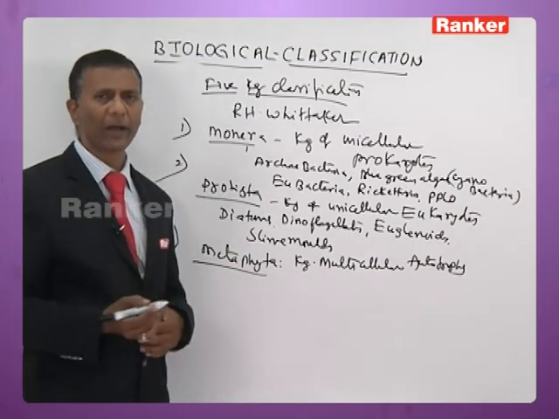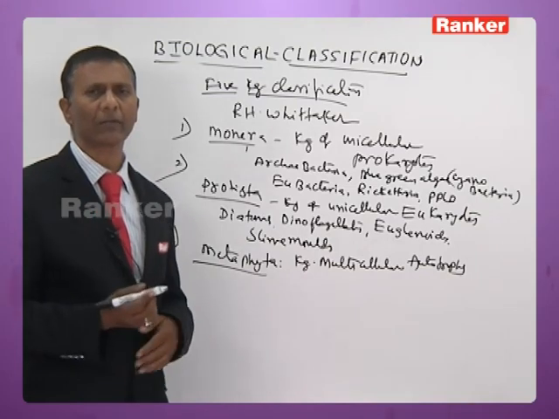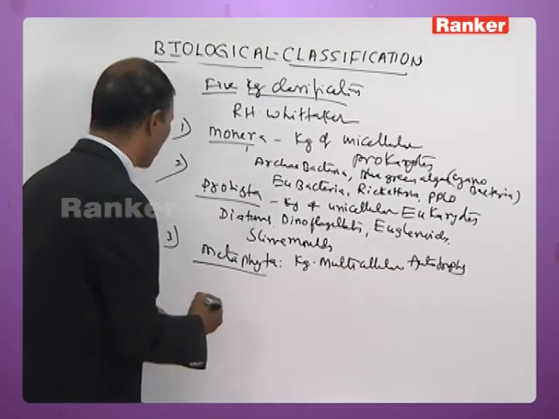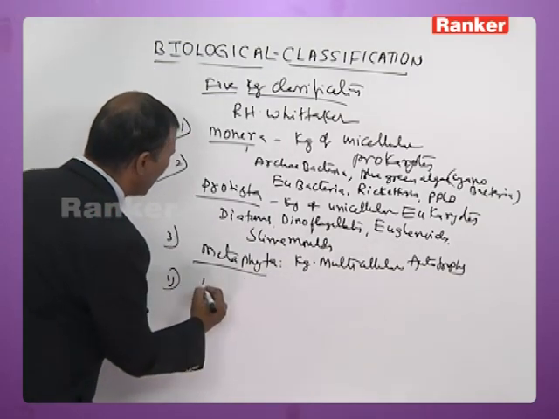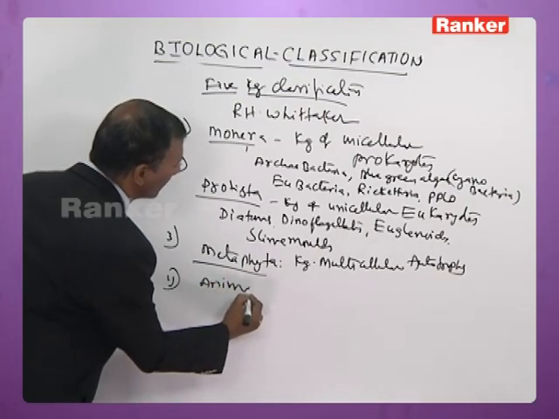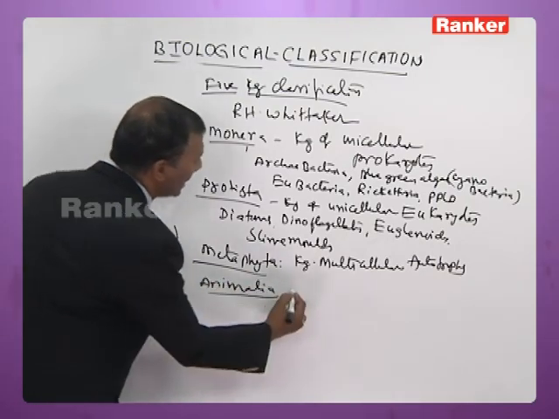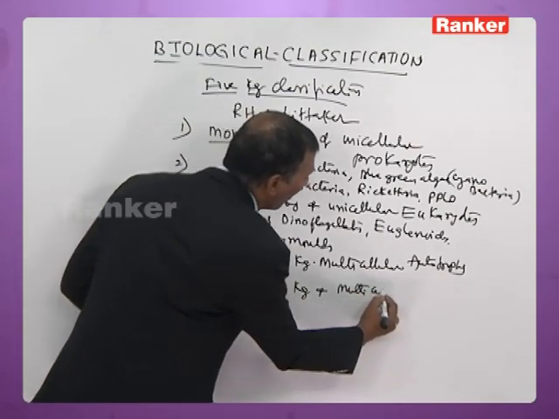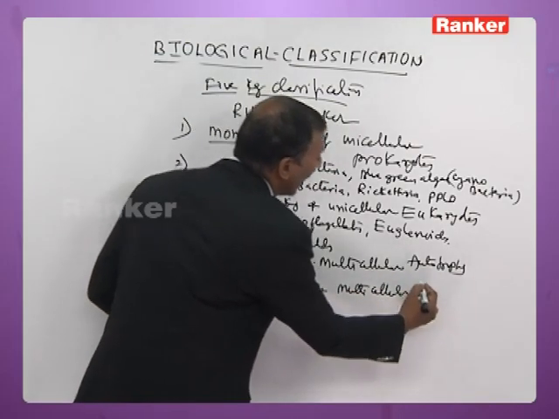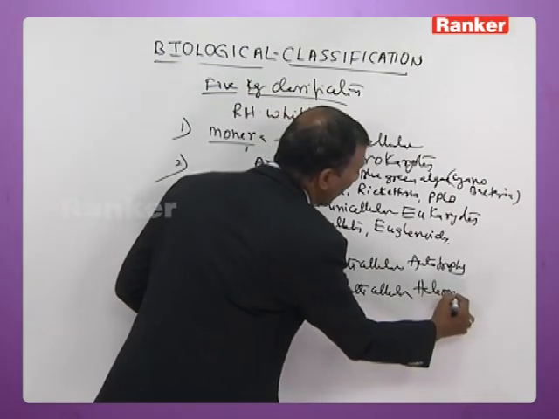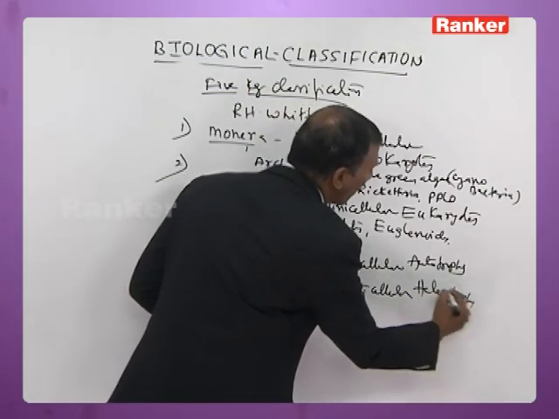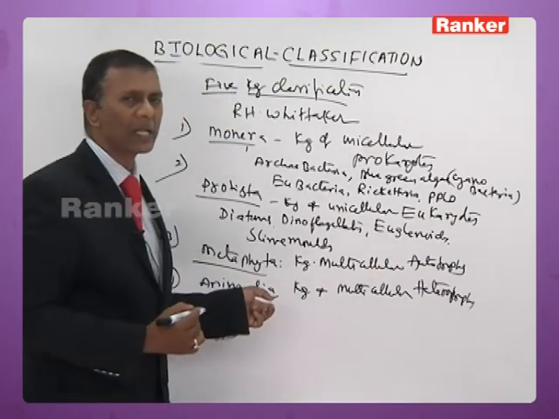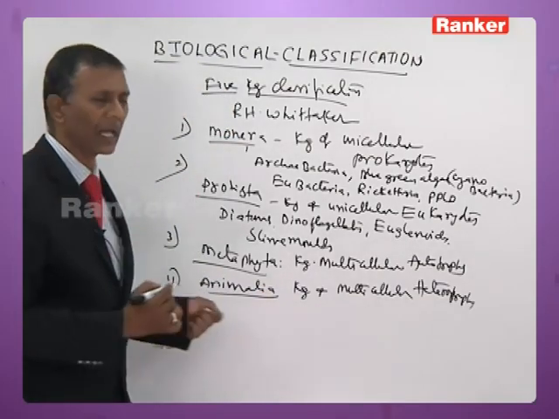Bryophyta, pteridophyta, angiosperms, gymnosperms, all of them belong to Metaphyta. Then you have Animalia. It is the kingdom of multicellular heterotrophs. So all multicellular animals now belong to this kingdom.